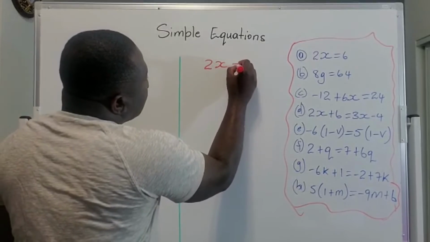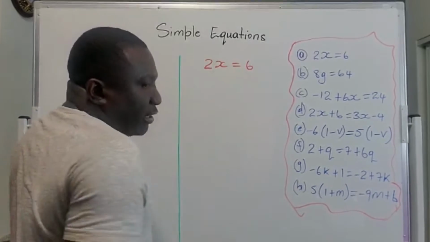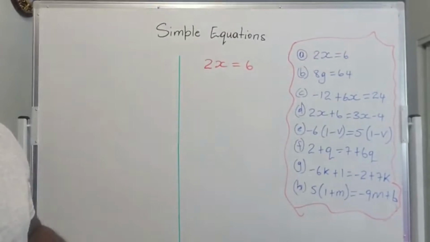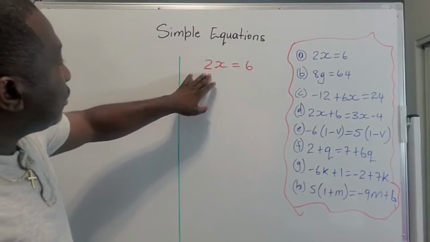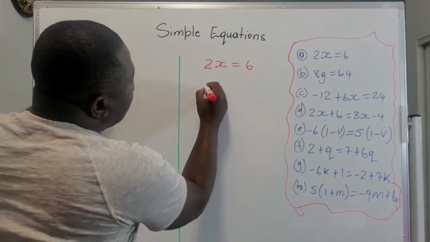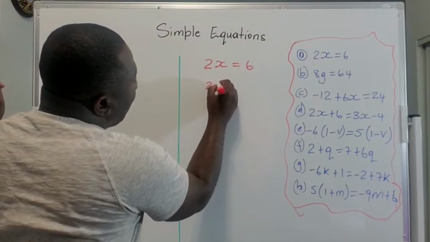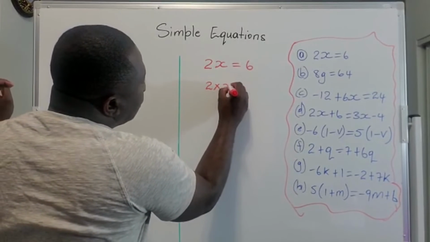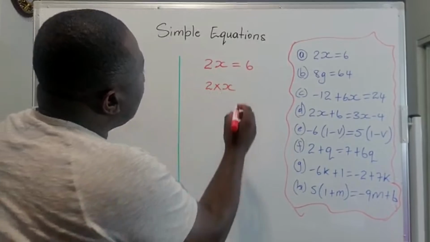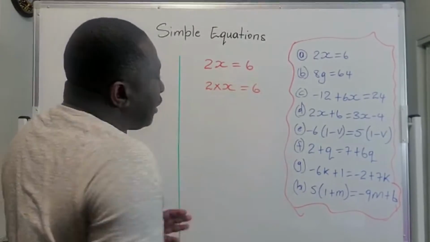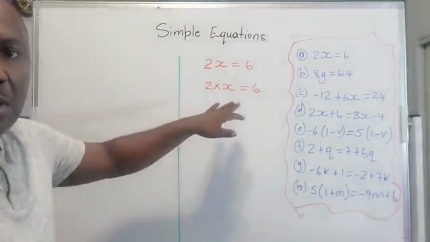The first one being 2x is equal to 6. Guys, we must bear in mind that 2x is the same as multiplying 2 by x is equal to 6. That's what it is saying.